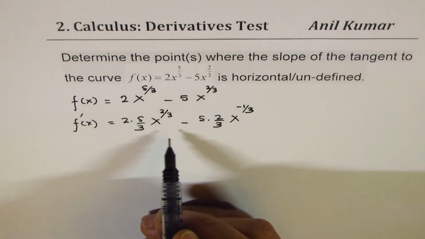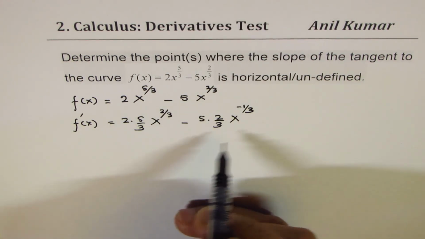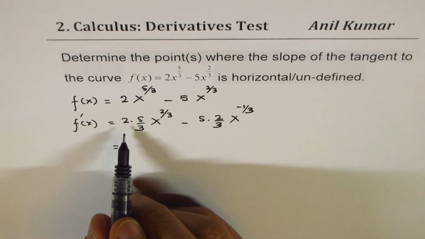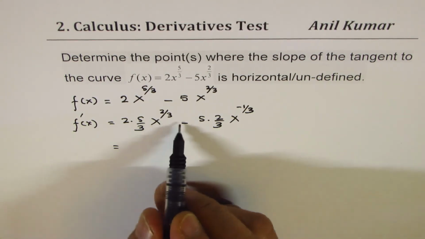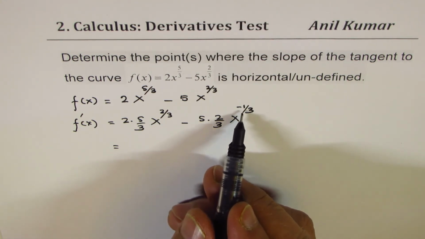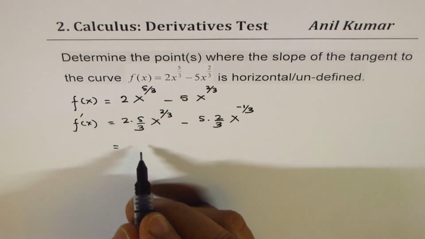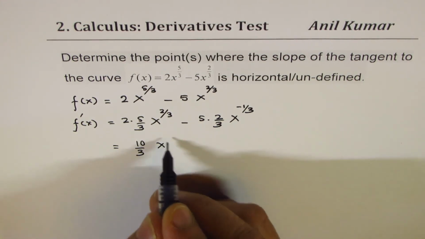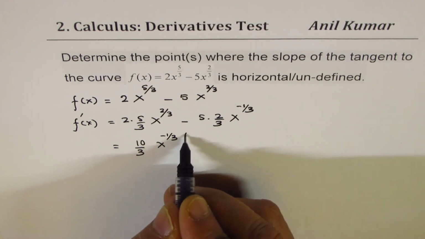Now, let's rewrite this first. We get 10 over 3 as common factor. We can also factor out minus 1 over 3, so we get 10 over 3, and we can factor x to the power of minus 1 over 3.